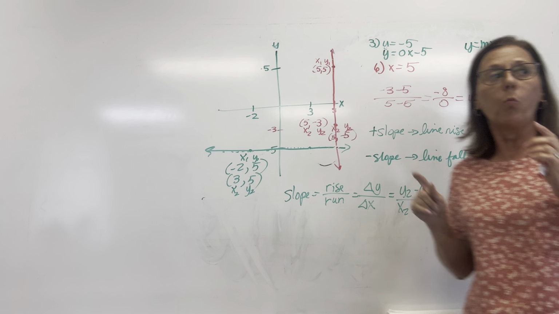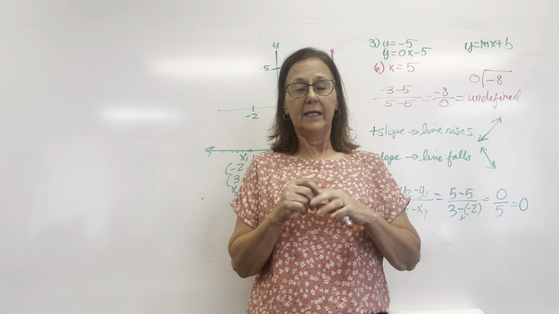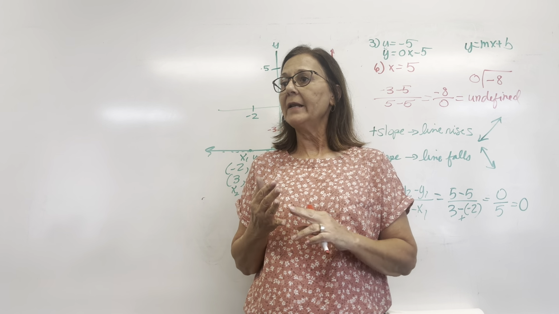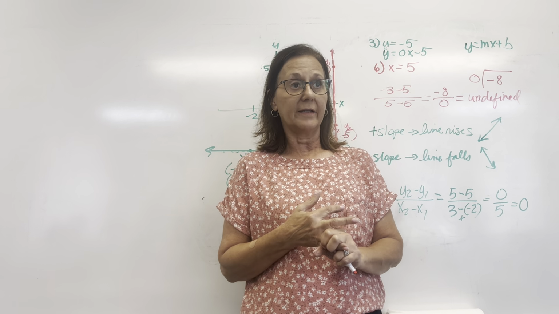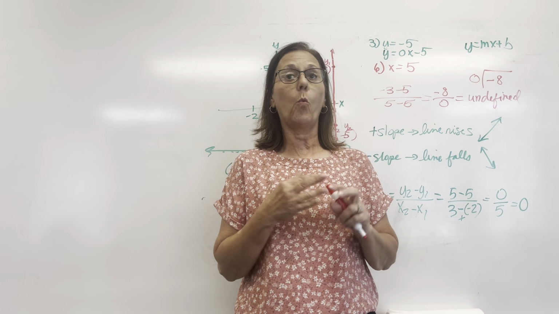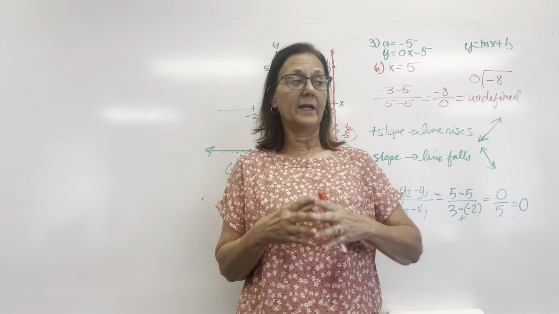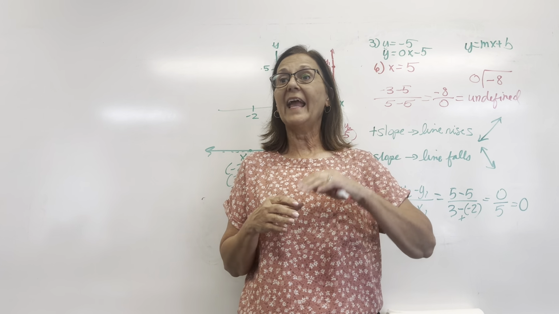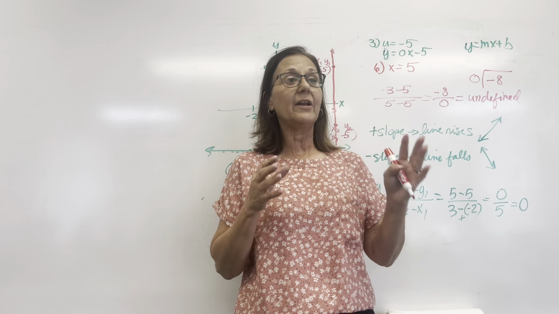Okay, so this is one of the most important concepts in all of math. When the denominator equals 0, it is undefined. The term is undefined where the denominator is equal to 0. When we get to pre-calculus, we cannot graph a function where the denominator equals 0.